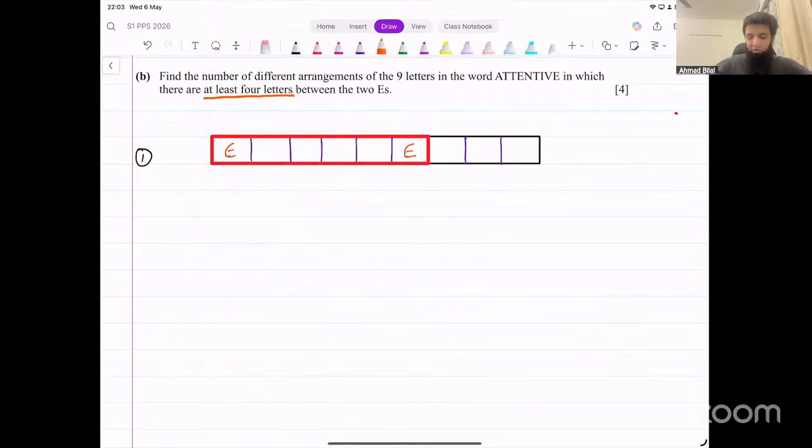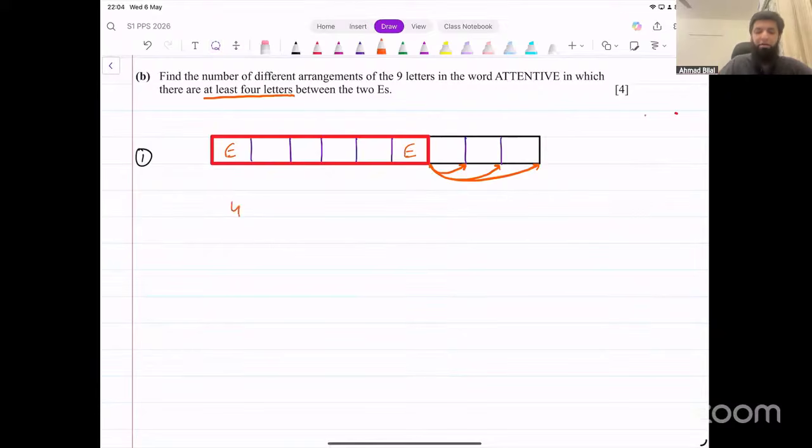This red box could either stay in its current position or it can go here or here or here. There are 4 possible positions that this big box can be in.